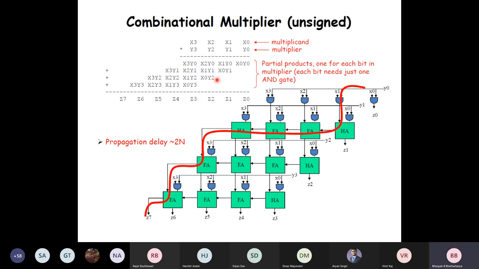Similarly, you have the next layer of AND gates, which is fed with y1, because if you look into this row, y1 is common here, right? So take y1, and it is being multiplied by the same vector x0, x1, x2, x3. They generate this partial product, and then you use this array of full adder blocks. Some of them may be half adders, doesn't matter. And keep on doing this. Just emulate this. Whatever you see here is reflected in the hardware, nothing else.